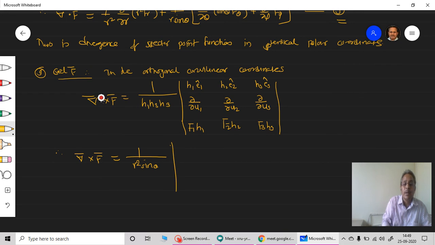Then you can replace this, it is 1 into e1 cap, that is er cap, r into e2 cap, that is e theta cap into r, so it is r into e theta cap, and since h3 is r times sin theta, it is r times sin theta into e phi cap. This is my first row. Second row is del upon del r, del upon del theta, and this is del upon del phi.